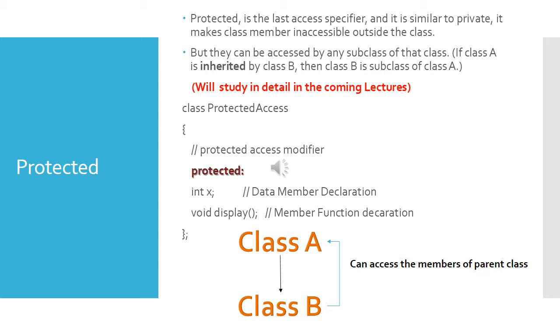That is why it's protected, and it's used when you want to use inheritance in your programming. The example given here: if class A is a parent class and class B is a subclass, and you specify the members of class A as protected, then they are accessible by class B since it's a child class of class A. But any other class other than the child class cannot access the members of class A.